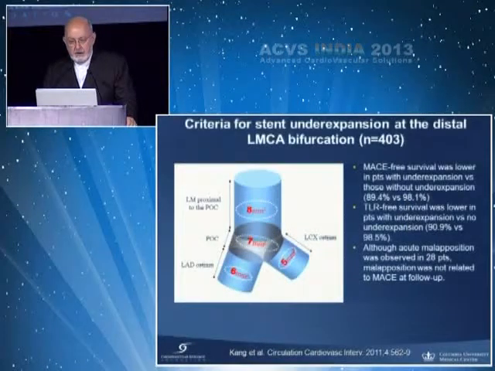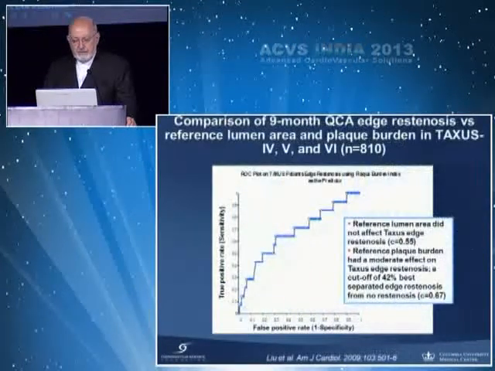This is just one study looking at IVUS guidance in left main intervention from Seoul, Korea, indicating that depending on whether you're looking at the LAD ostium, the circumflex ostium, the polygon of confluence, or the left main proper, we know what minimal stent areas are associated with freedom from repeat revascularization in the future.